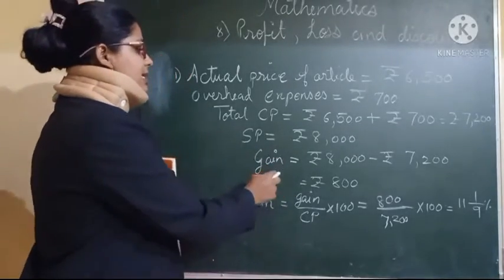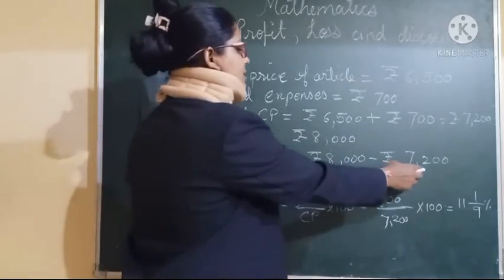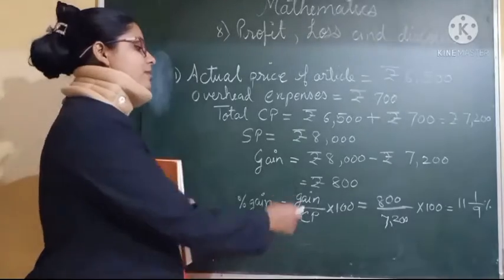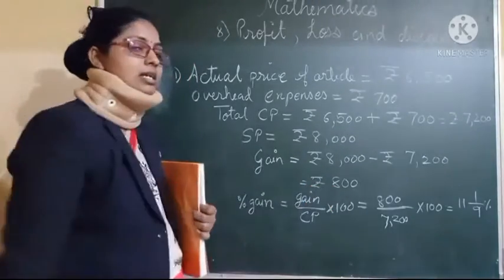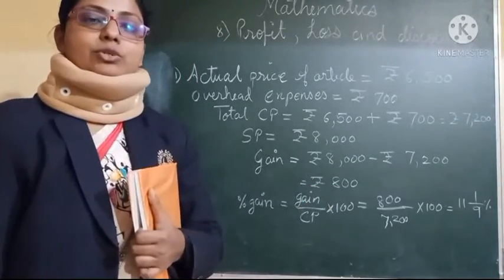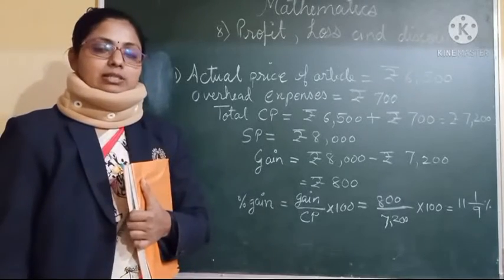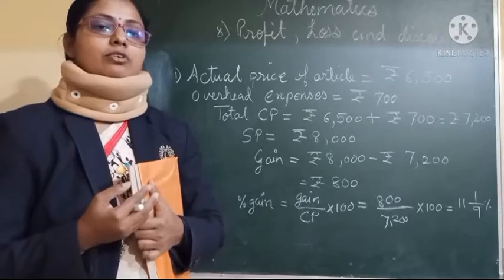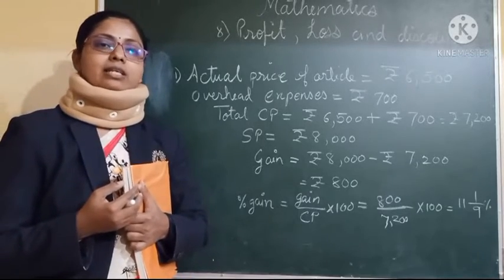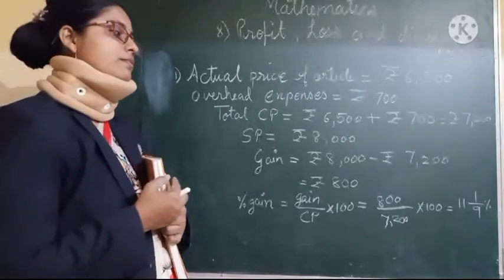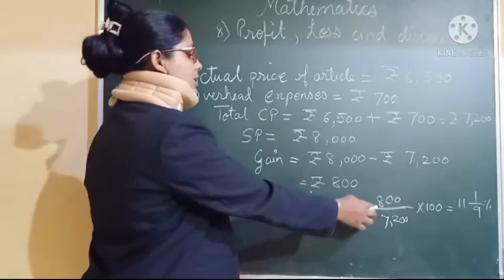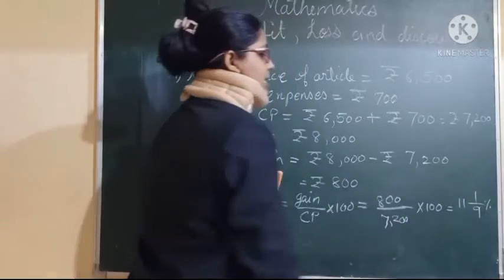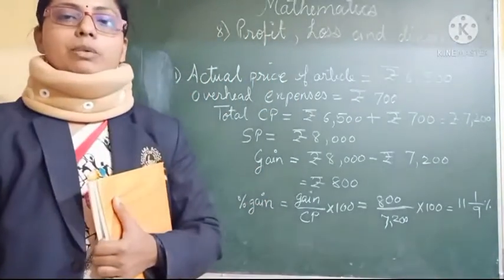Selling price is 8,000, cost price is rupees 7,200. Subtracting, we get the gain as rupees 800. To find the gain percent, the formula is gain upon cost price multiplied by 100. Putting in the values of gain and cost price, we get the answer as 11 and 1 upon 9%.